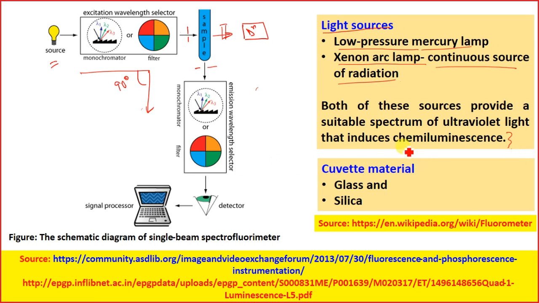So in chemiluminescence, you excite the sample in the UV range. Cuvette material: if you are just working in fluorescence and if you are not interested in the chemiluminescence property, then you can use glass. Otherwise you can use silica.